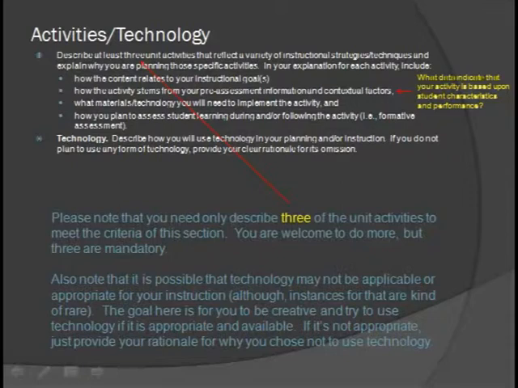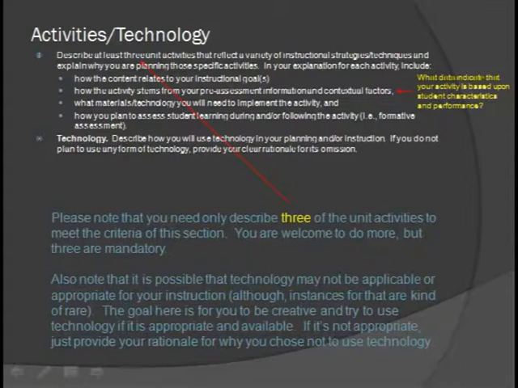Now, a quick word, I did mention the need for only 3 of the unit activities to be described. Note that the verbiage here at the top that's in white is copied straight out of the prompt, and this is the activities/technology section of the prompt. You are supposed to describe at least 3 unit activities that reflect a variety of instructional strategies or techniques.